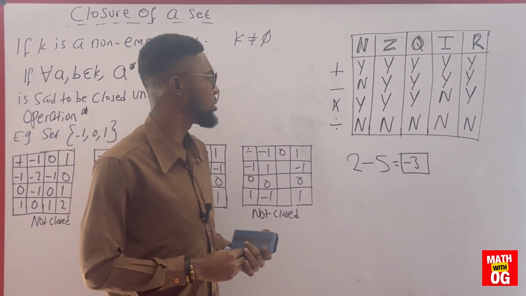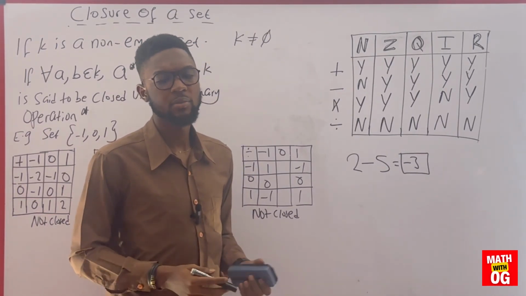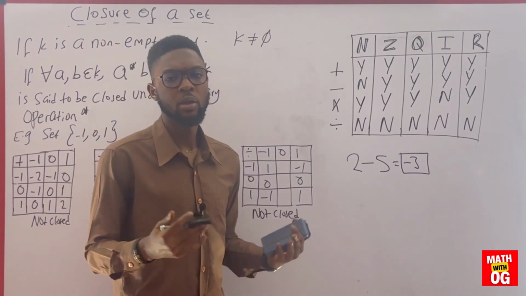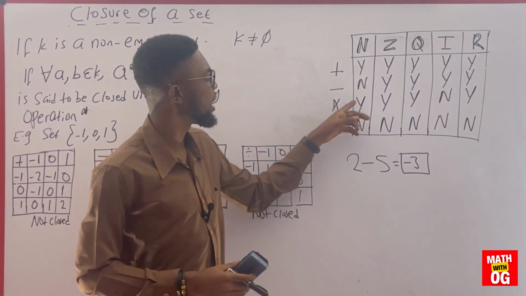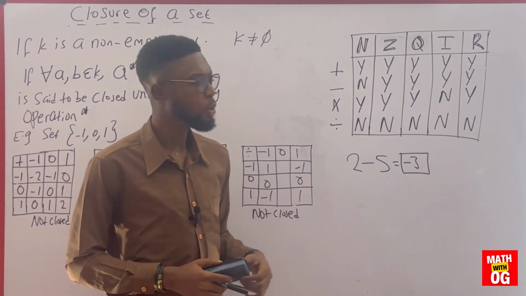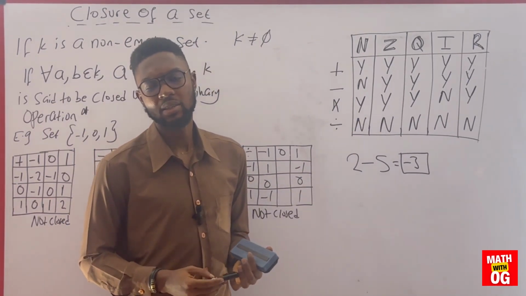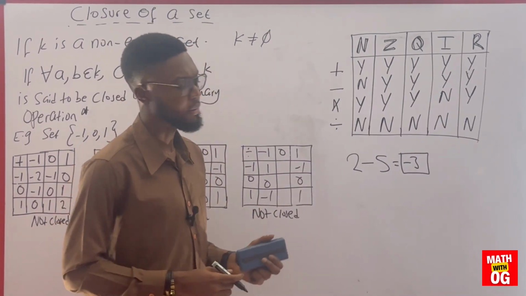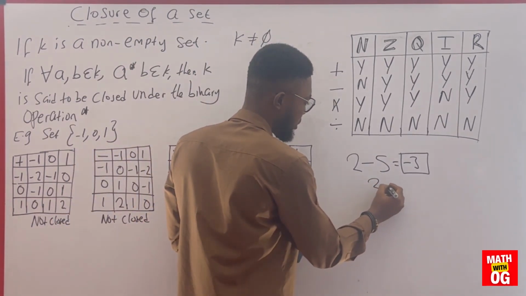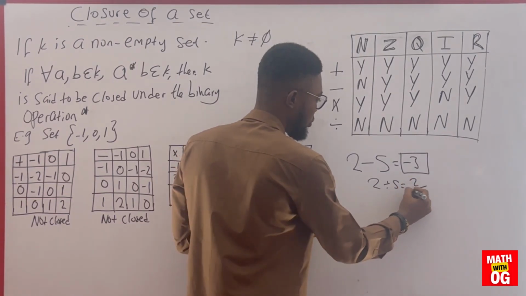Now, are natural numbers closed under multiplication? The answer is yes. Pick any two positive whole numbers. When you multiply them, it should give you another positive whole number. So that's yes. And are natural numbers closed under division? The answer is no. I can still work with 2 and 5. 2 divided by 5 is equal to 2 over 5.